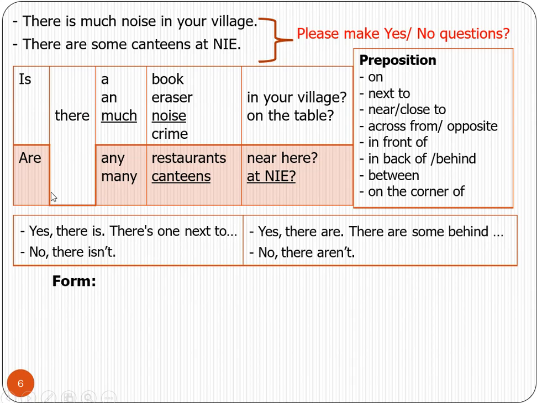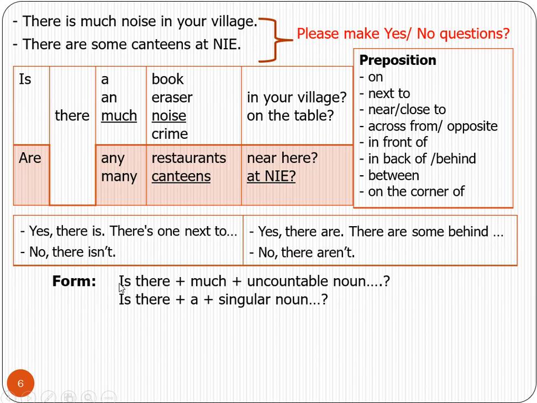So form, how do we form these structures? We use is there plus much plus an uncountable noun. So for example, like noise, scream. And is there plus a plus singular nouns. Is there a with a singular noun, a book, an eraser?